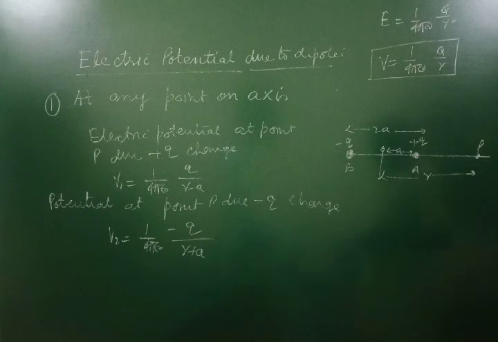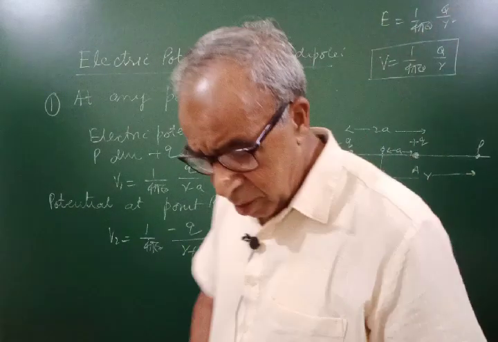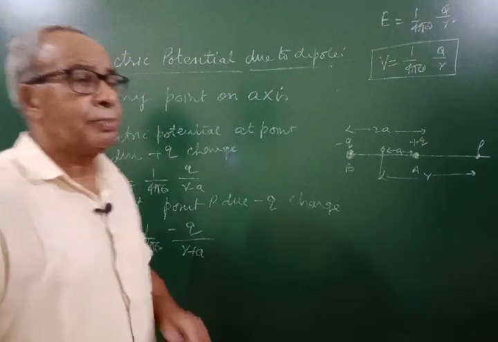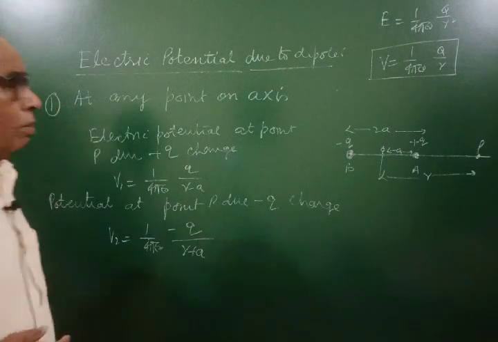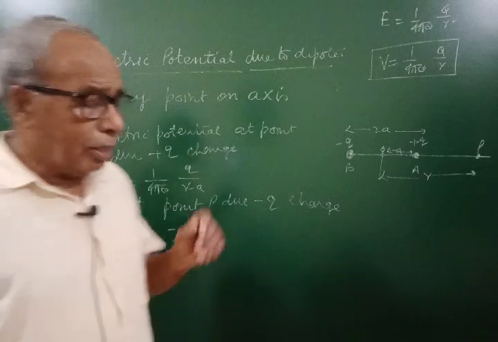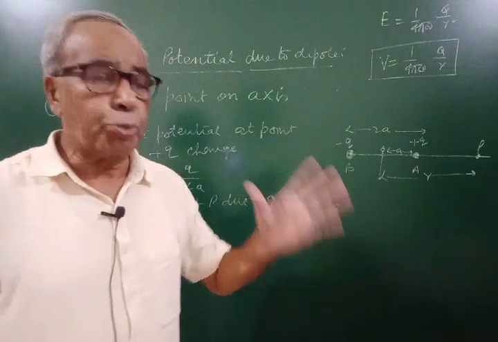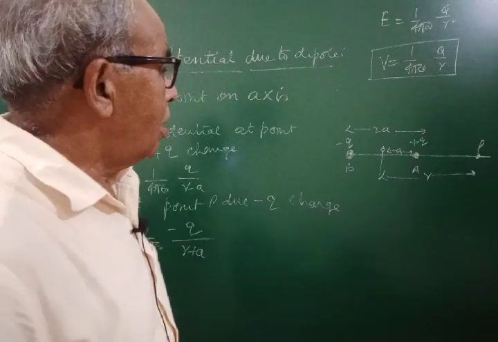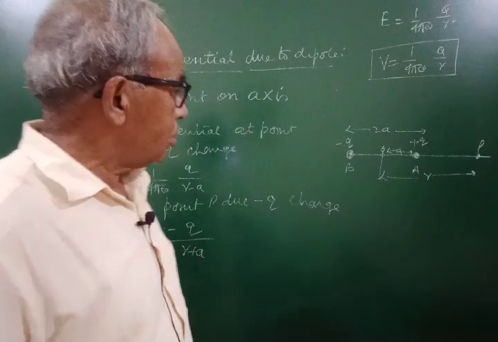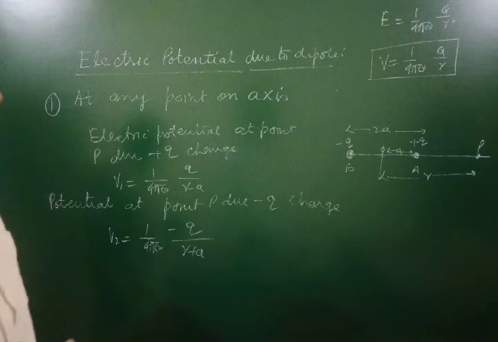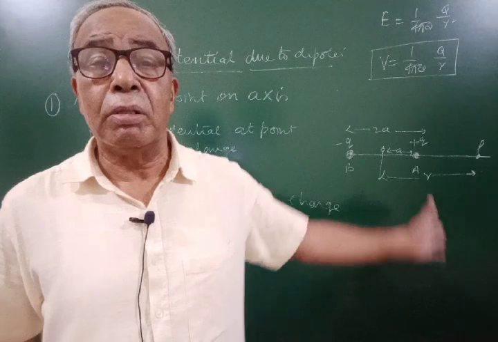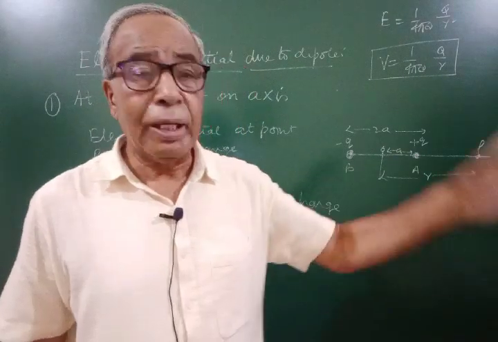One year there was a question in the board exam: derive the expression for electric potential due to a dipole on the axis. My colleague said, sir, the paper has come very simple. I asked him, okay, you go and see. I was superintendent of the exam. My guess was that students might derive the formula for electric field due to a dipole, and the same thing happened.